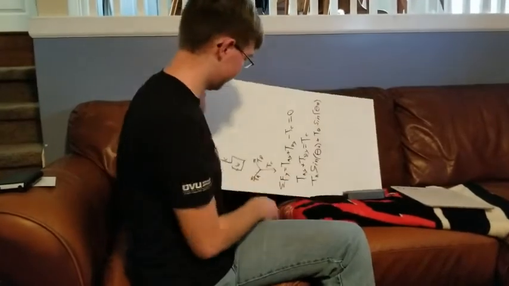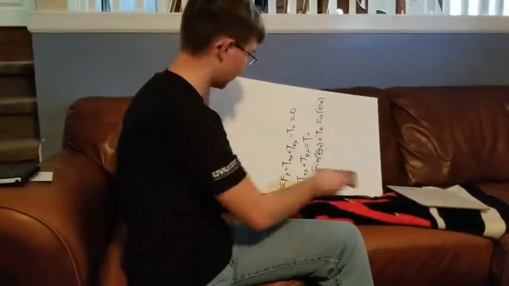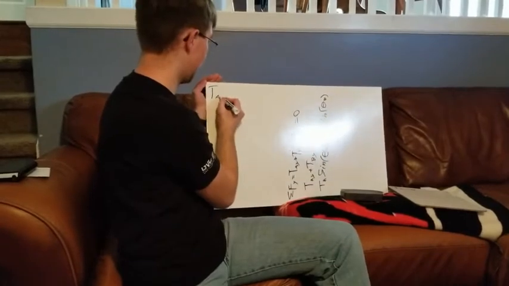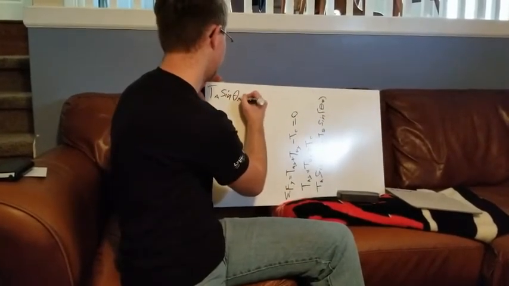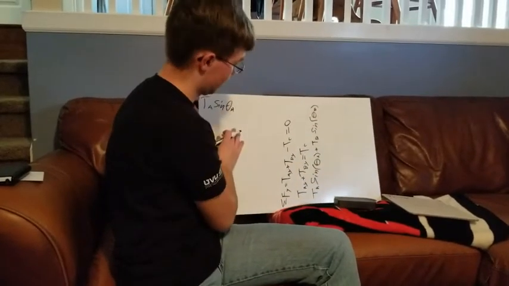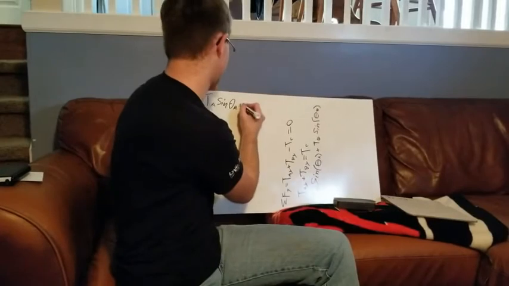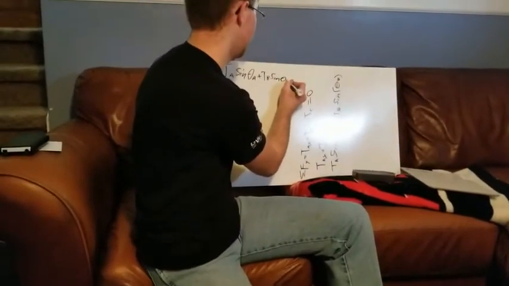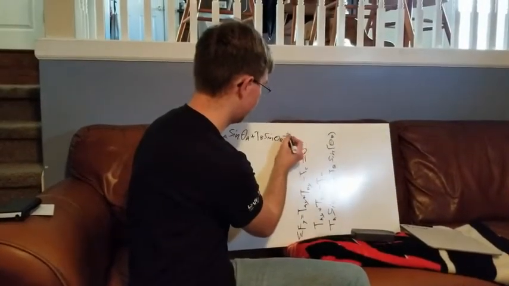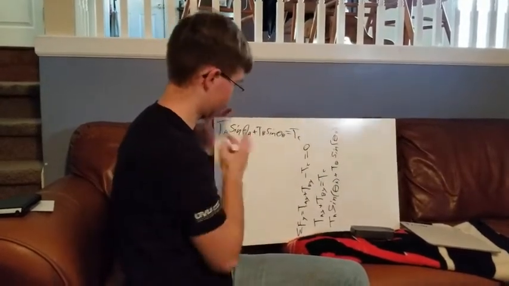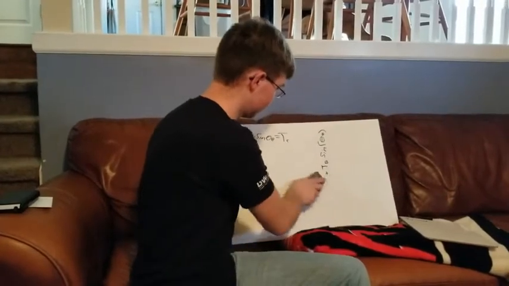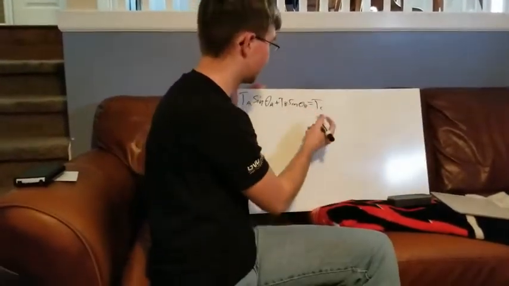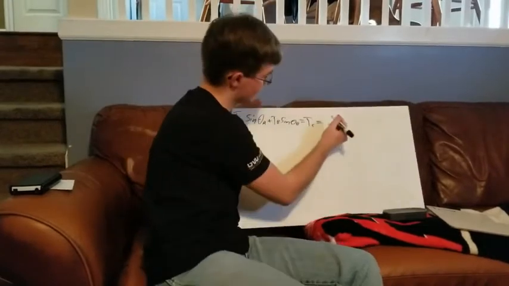I'm going to turn my board here and rewrite that here. Tension A sine of theta A plus tension B sine of theta B equals tension C, with tension C equaling W.